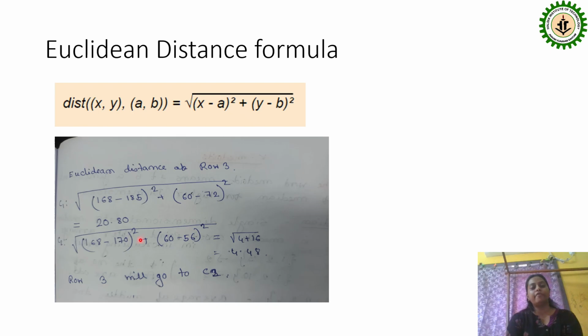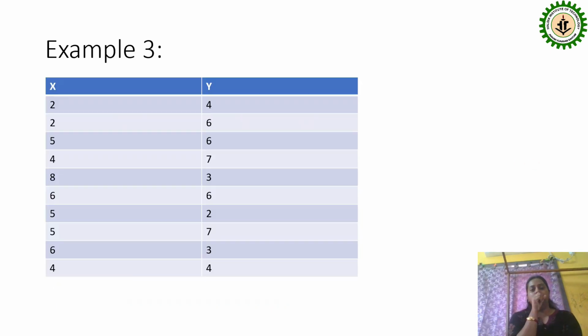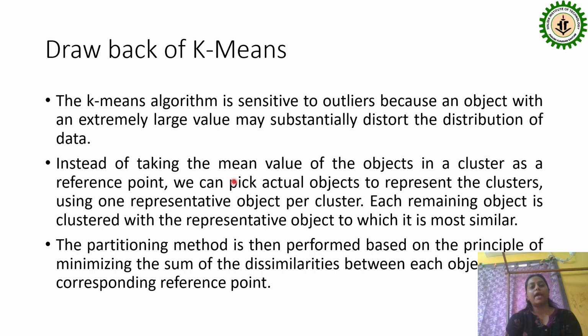For C2, we have calculated the distance as 4.48. For C1, the distance is 20.80, and for C2 it is 4.48. So obviously row 3 will go to cluster C2 as the distance is lower. Similarly, we have to calculate all the data points, and finally we will get the final result.